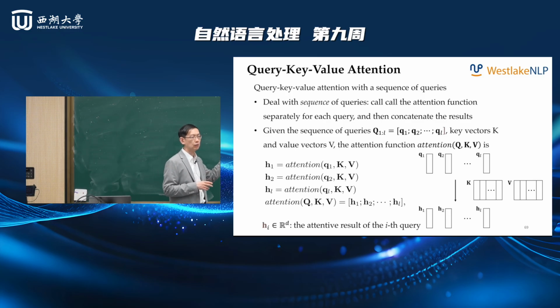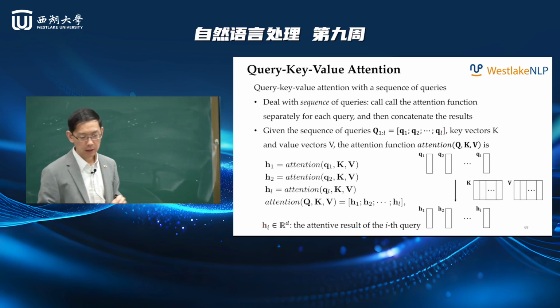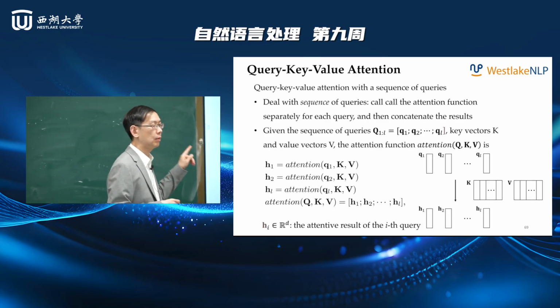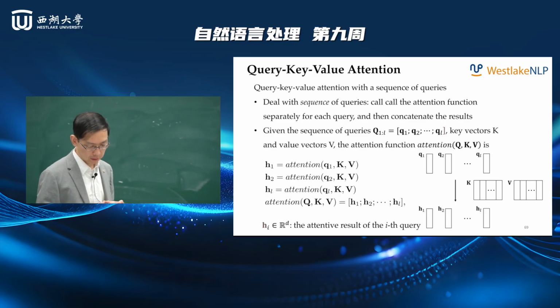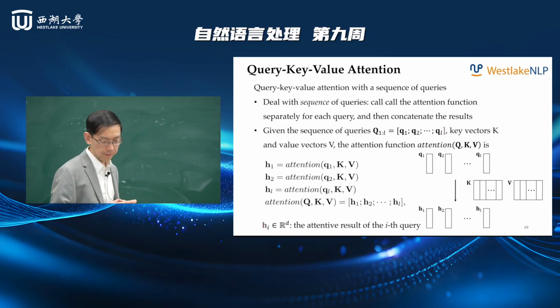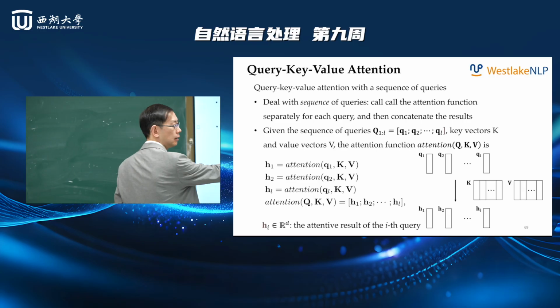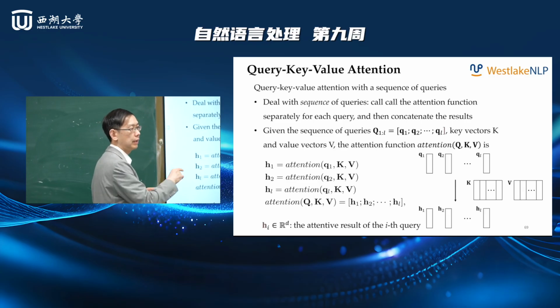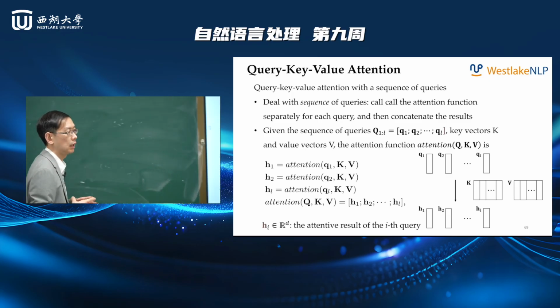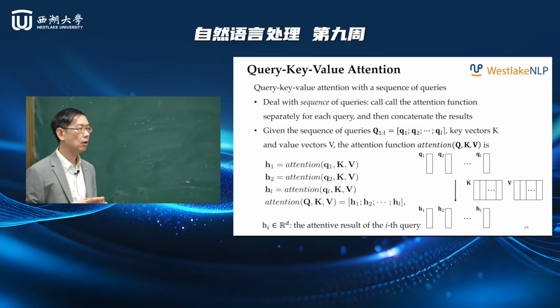When I have one Q, I aggregate the set of values, I have one H. So if I have many Qs, I name them Q1, Q2 until QL, right? So you aggregate the V vectors in different ways. You result in H1, H2 until HL, okay? So this is so obvious.